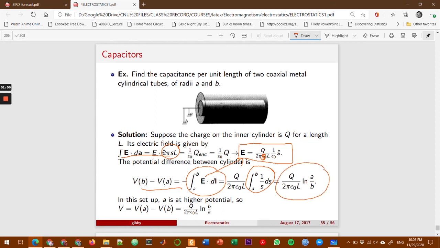Now in this setup, however, this is VB minus VA. We know that B is at higher potential and A is at lower potential. Where does it say?